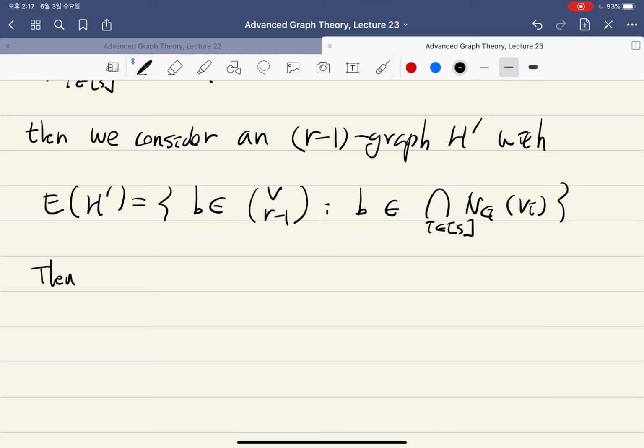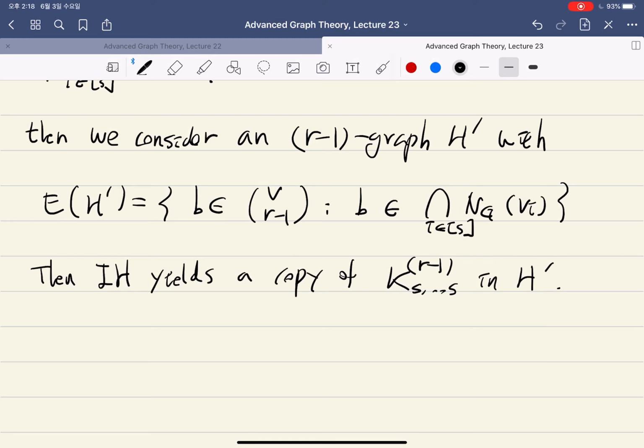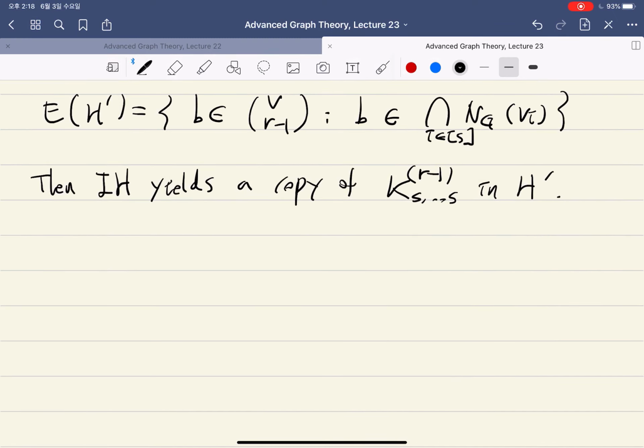So then by the induction hypothesis, there is a copy of K to the R minus 1 s to the s in H prime. So let's say R is 3 and S is 2.